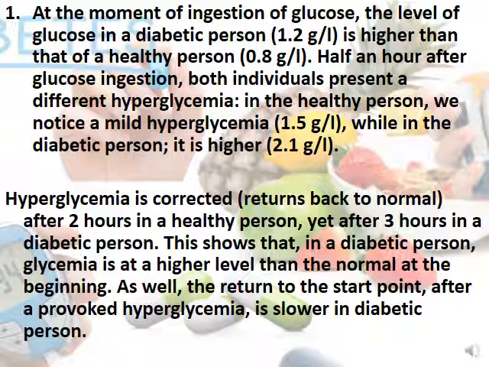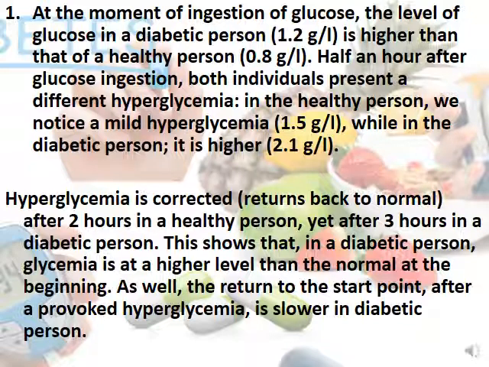So first, at the moment of ingestion of glucose, the level of glucose in a diabetic person was 1.2 gram per liter, which is higher than that of the healthy person, which was 0.8 gram per liter. Half an hour after glucose ingestion, both individuals present a different hyperglycemia.